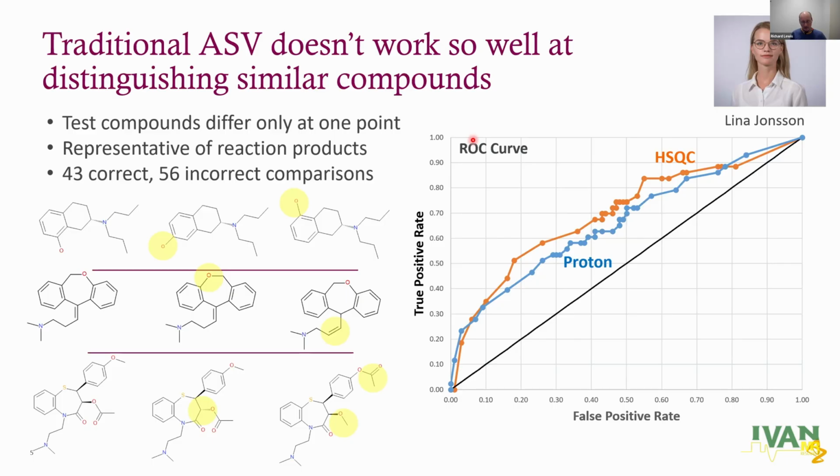Well, if you think back to Emin's talk, the reasons for false negatives are things like poor peak picking, rotamers and things like that. If you're comparing similar compounds, you would expect a lot of those to cancel out, because they're the same experimental data set for both candidate compounds. So the difference in scores should be a lot better.